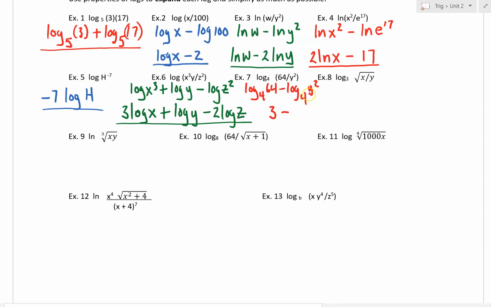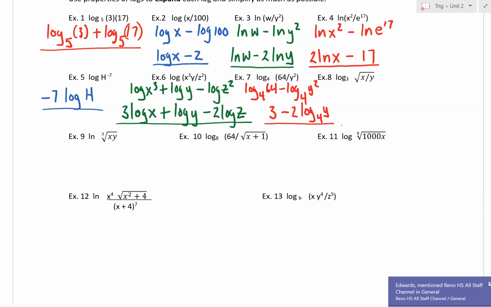Minus. This one, I need to move the 2 to the front. So this is 2 log base 4 of y. And that would be as simple as we can get this. We could end up doing a little bit more to it, but overall, that is really going to be the end result that we have.